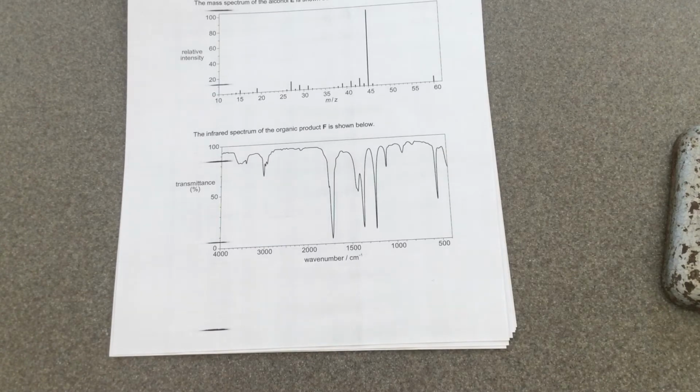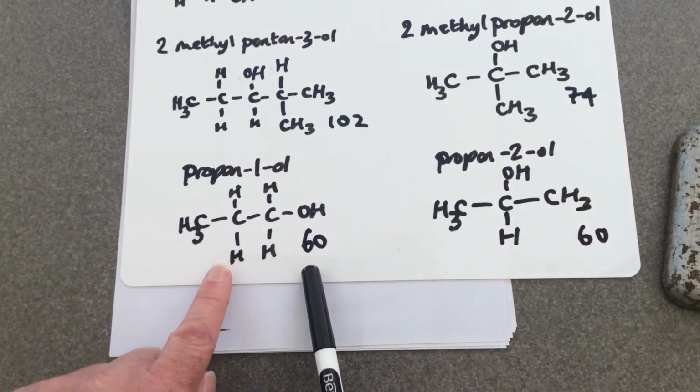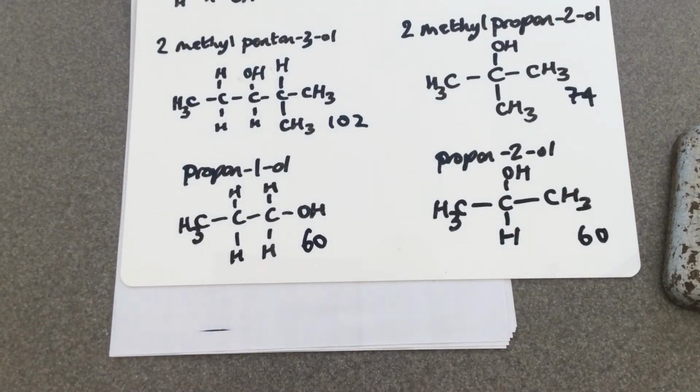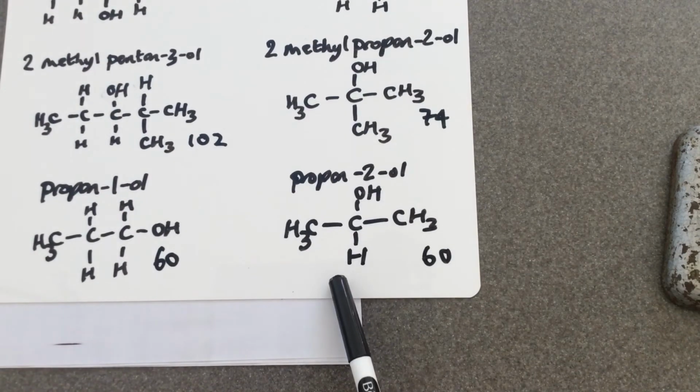Now, when we oxidise alcohols, if we were to oxidise a primary alcohol, we can form 2 things, either an aldehyde or a carboxylic acid. If we oxidise a secondary alcohol, we'll form a ketone.